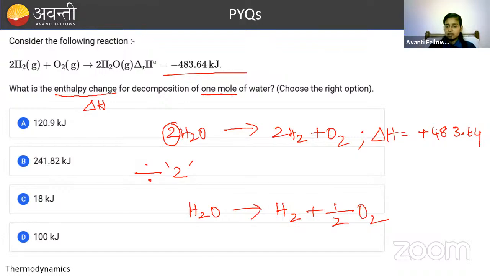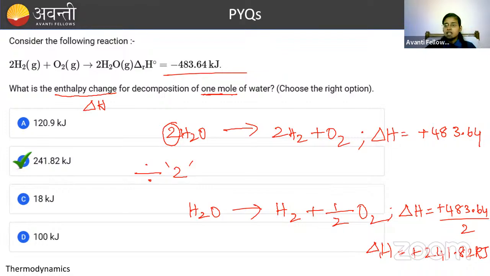Since we have divided this, delta H should also get divided by 2. So it will be plus 483.64 divided by 2. So the answer will be delta H is equal to plus 241.82 kilojoule. So option B is the correct answer for this question.